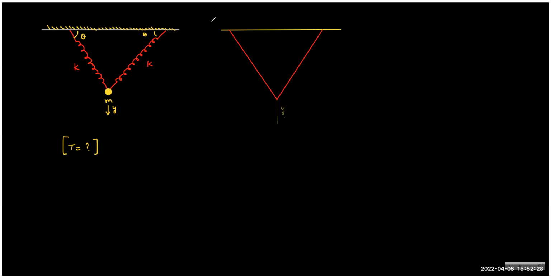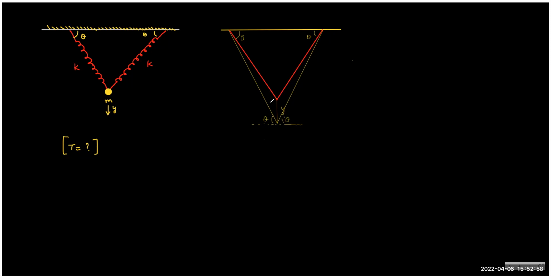It's almost negligible. So this is the situation, and this is theta given. That's fine. If I draw a line like this, we can consider this as theta. That's not an issue. The reason is simple because y is very small.